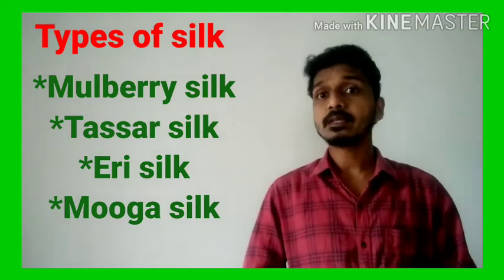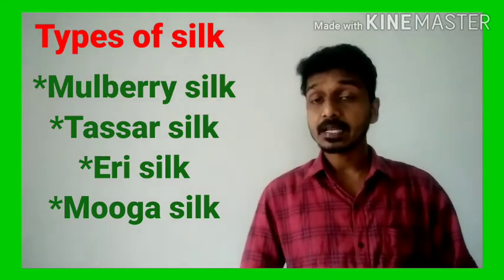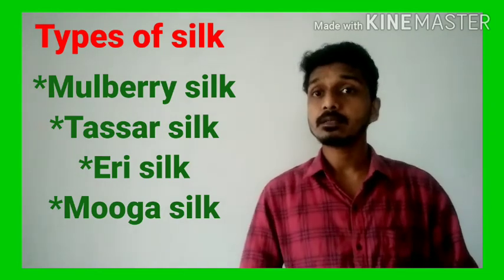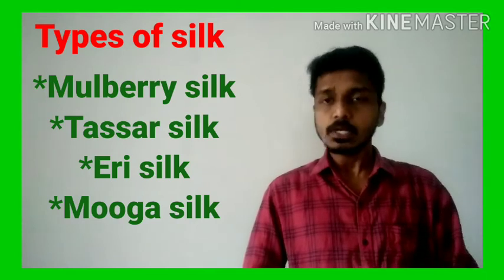Now let us have a discussion about the different types of silk. Look here. First one is mulberry silk. Next one is tassar silk. Next are eri silk and muga silk. Four types of silk. Why are we selecting silk clothes?